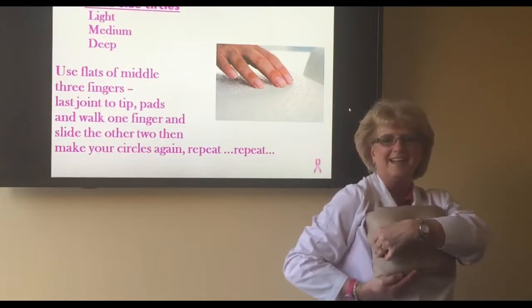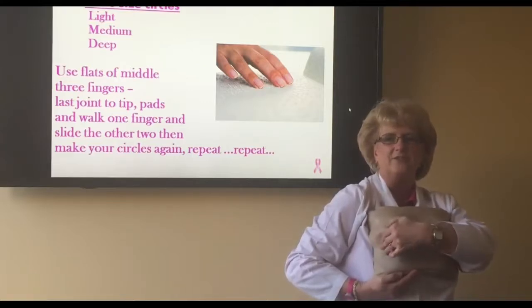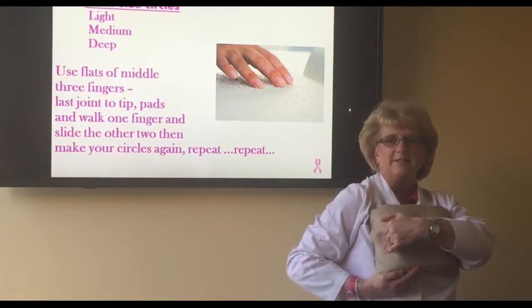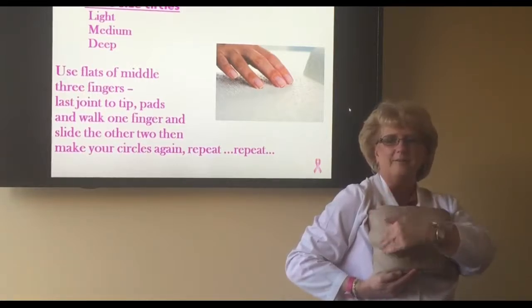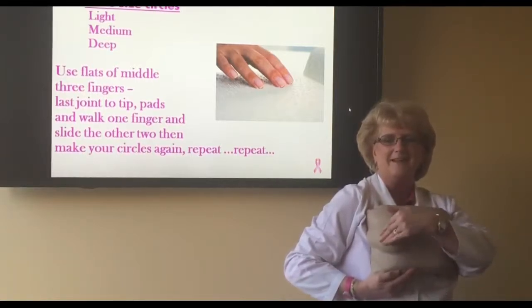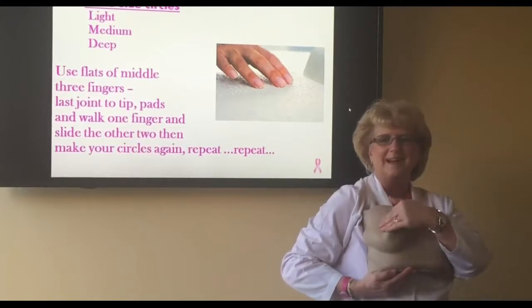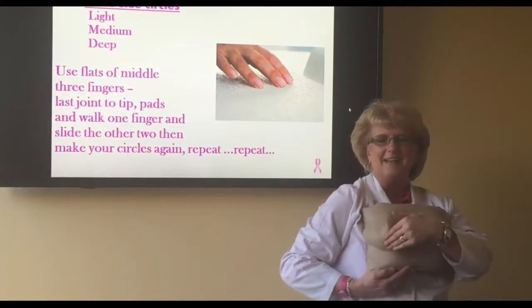Walk, slide, light, medium, deep. When you get to the bra line, you're going to slide over a finger's breadth, light, medium, deep, and then you're going to walk your way back up, slide over, back down, back up, slide, back down, slide, back up.